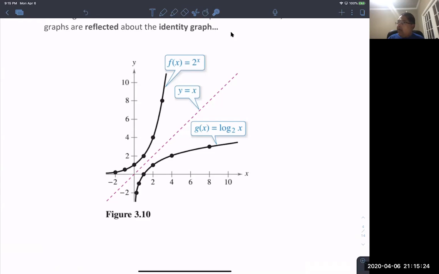If you look at the exponential graph and the logarithmic graph, they are symmetrical across the line y equals x. This line has a special name. It's called the identity axis.